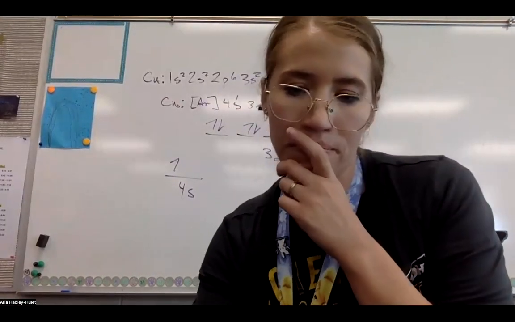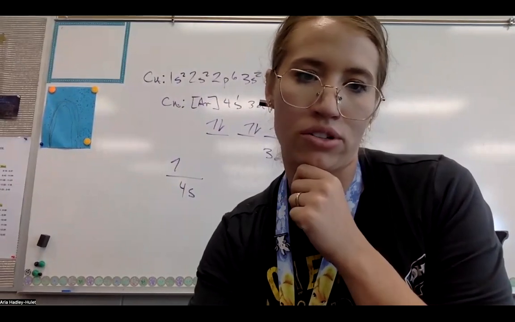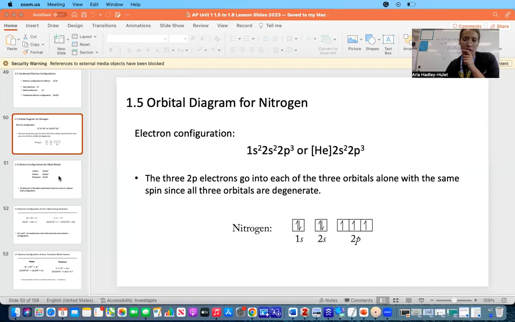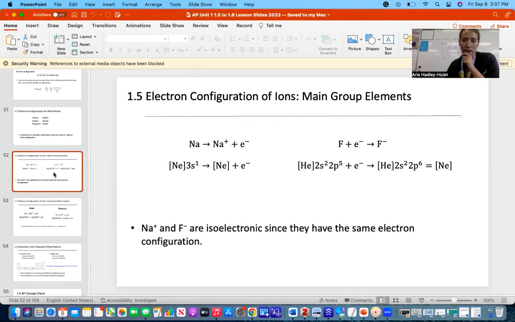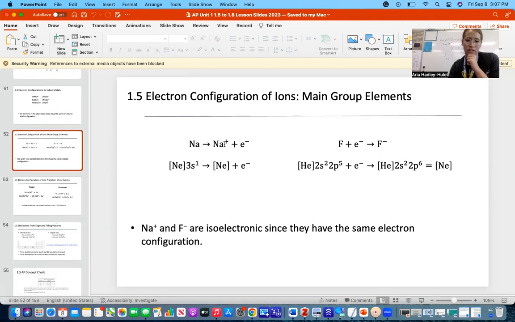So now going back, let's share screen. Okay. So we've talked about all of these. Reminder for ions, if it's a positive ion, then we lost an electron, and that is accounted for in the electron configurations. Cations are positive, anions are negative.